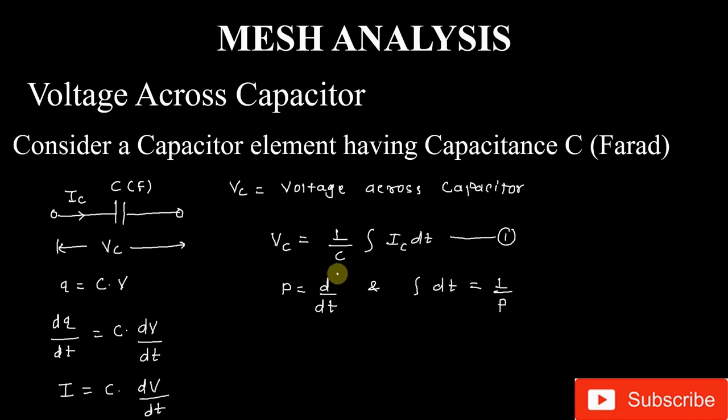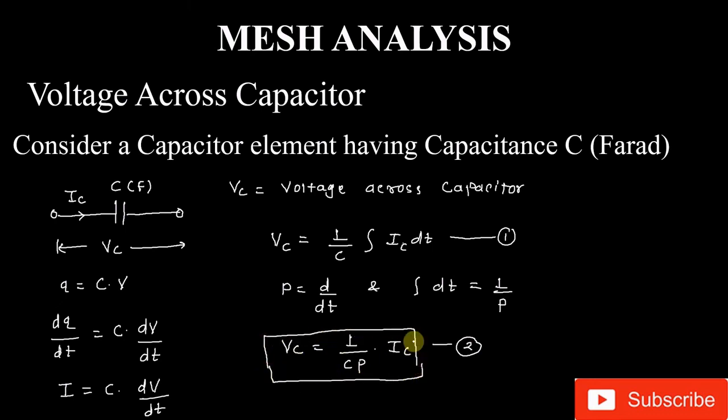So your VC comes out to be 1 upon Cp into IC. We have substituted integral dt as 1 upon P. This will be equation number 2, and it gives the voltage across the capacitor: 1 upon Cp into IC.